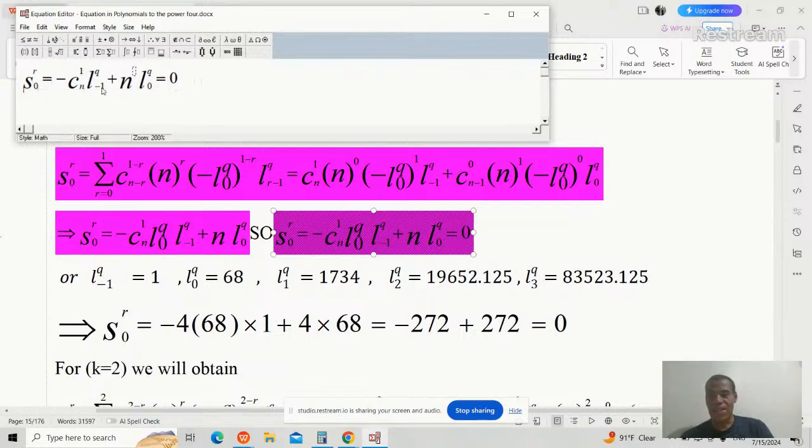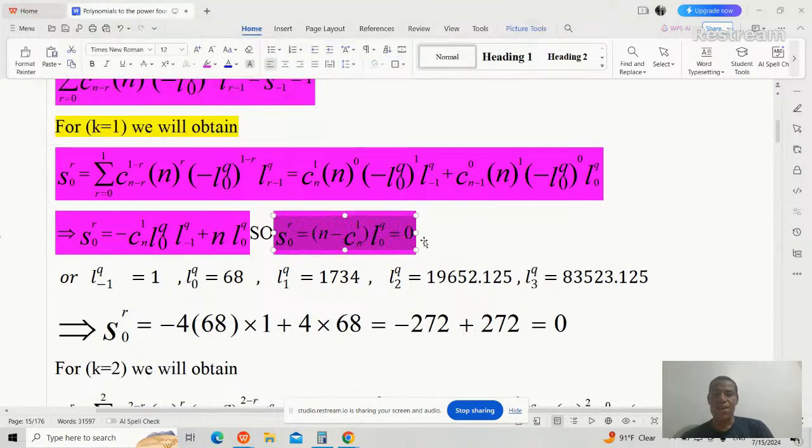I will make parentheses like that, and here I will write n minus combination n choose 1. This has to be equal to 0 between parentheses, because combination n choose 1 is n, and n minus n is 0.